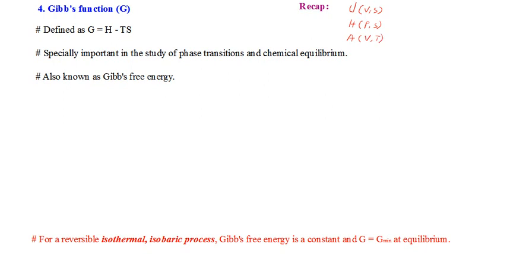And U was defined in terms of the adiabatic work done, and H was defined equal to U plus an additional term PV, U plus PV. A was defined again in relation to U as U minus Ts, and this A was named as Helmholtz free energy.